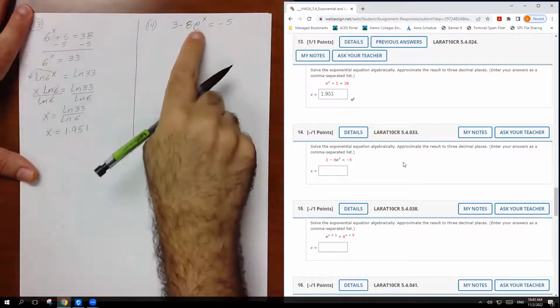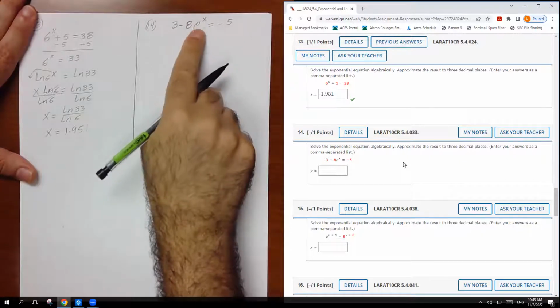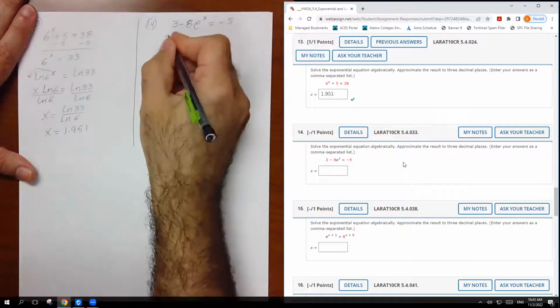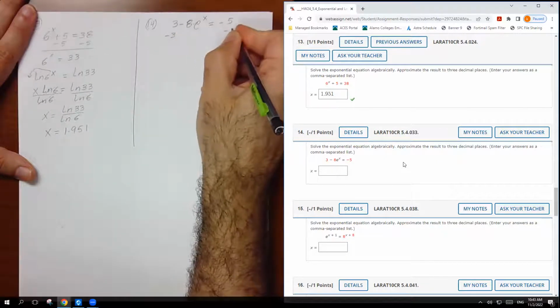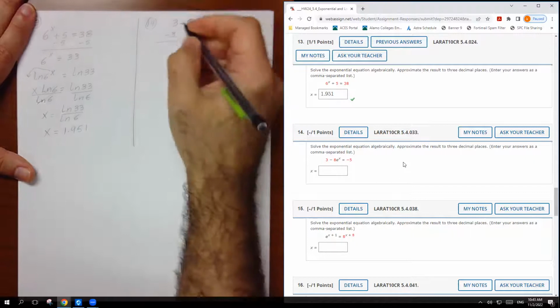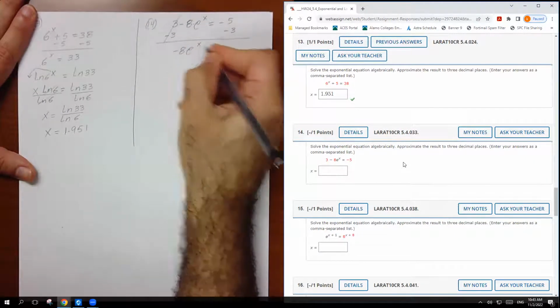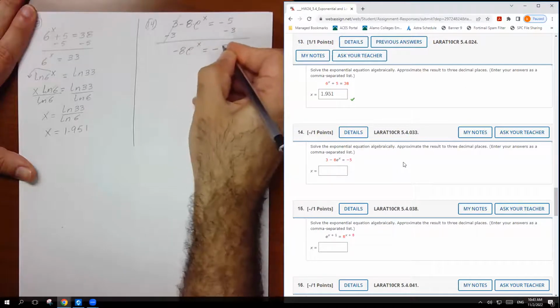So now I need to solve it for the x. So I can't do anything with this term. And there's multiplication here. I'm going to move the 3 to the other side. So minus 3 from both sides. Cancel here. So -8 e to the x equal -8.